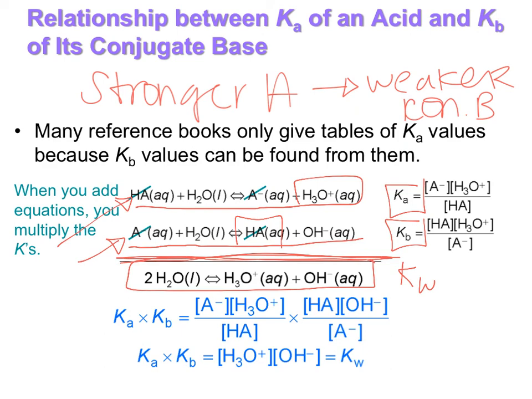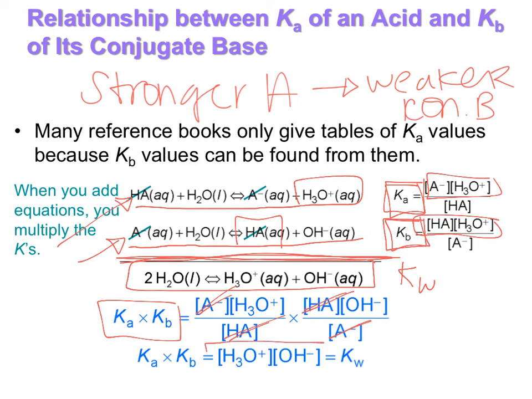So in this particular case, we have the Ka for the acid, and then we have the Kb for that conjugate base acting that way, producing these products. So when we add these up, what we're going to do is multiply these together. When we multiply these together, you will see that the HA cancels out. The A minus, which is the conjugate base, cancels out. So the acid and the conjugate base cancel each other out.